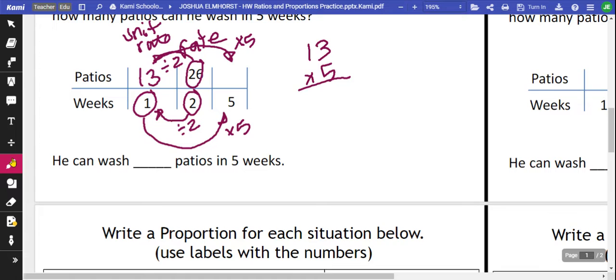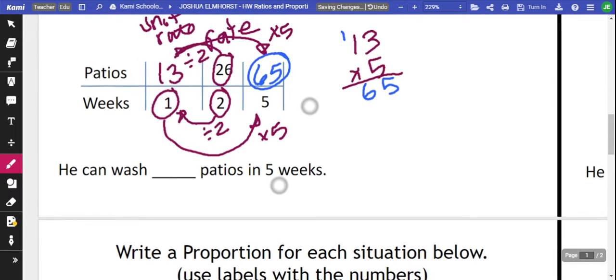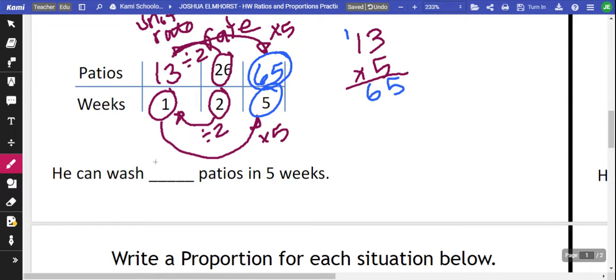Okay, checking our answer for this one here. So you multiply 5 times 3 is 15, carry the 1, 5 times 1 is 5, plus 1 is 6. So the particular contractor, if he works for 5 weeks, he would wash 65 patios to answer that question.